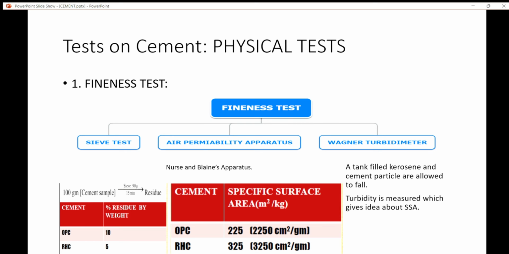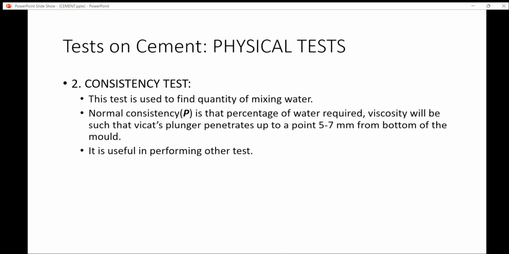Now we discuss the physical tests on cement, and the first one is the fineness test. We classify the fineness test as sieve test, air permeability apparatus and Wagner turbidimeter. You can see here some concepts, definitions and charts available for the fineness test.